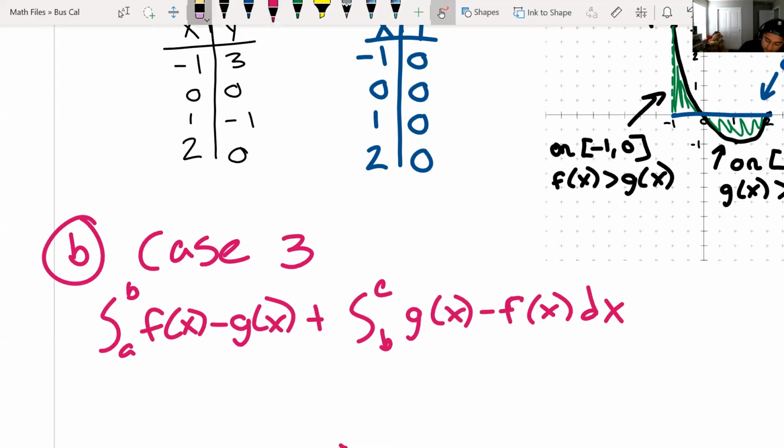And there should be a dx right there. Okay, so that's our setup. Since we're reading it from left to right, the first interval AB is going to be -1 to 0.